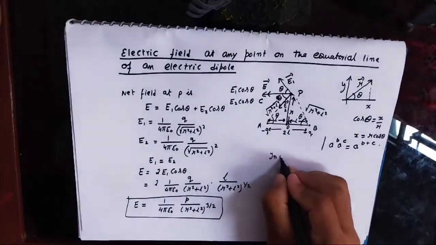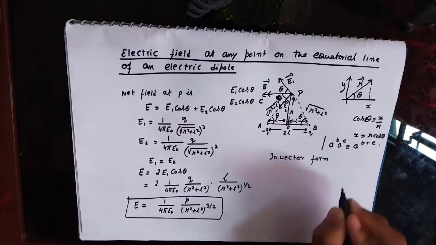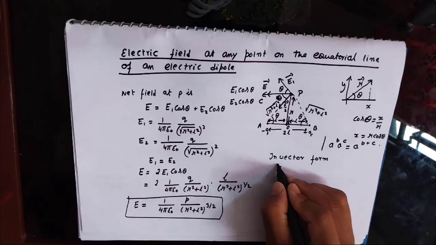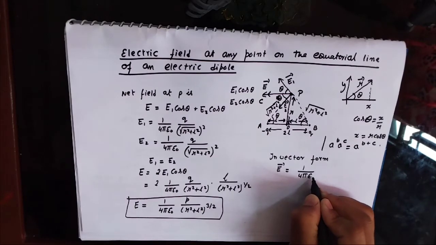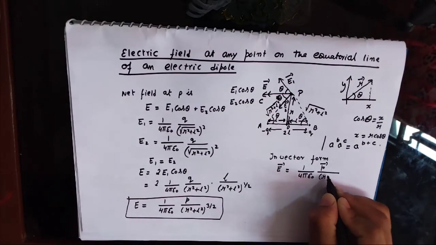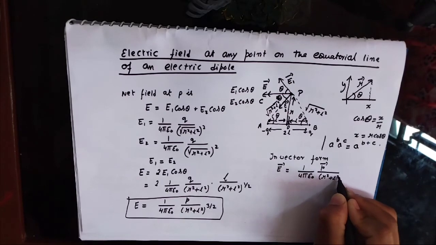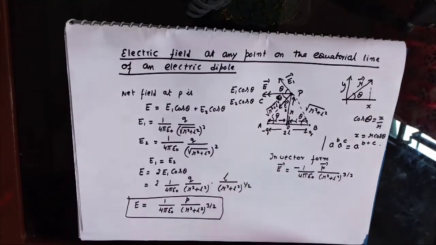So in vector form, what is E? E is equal to 1 by 4 pi epsilon naught, then p vector divided by r square plus L square to the power 3 by 2. I have to put a minus sign here. The question arises why?